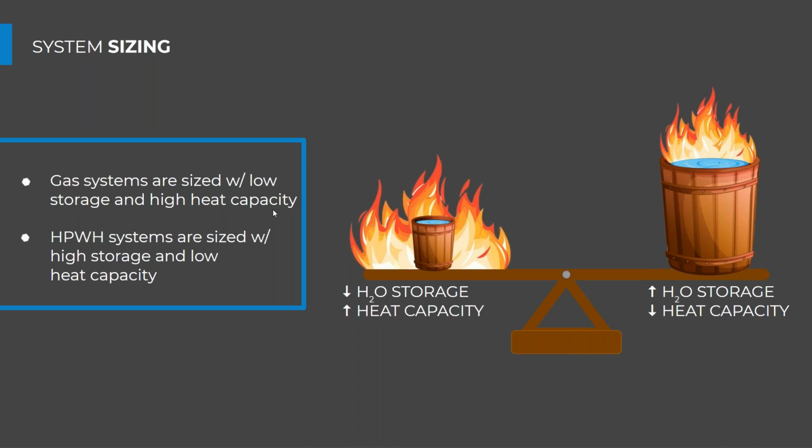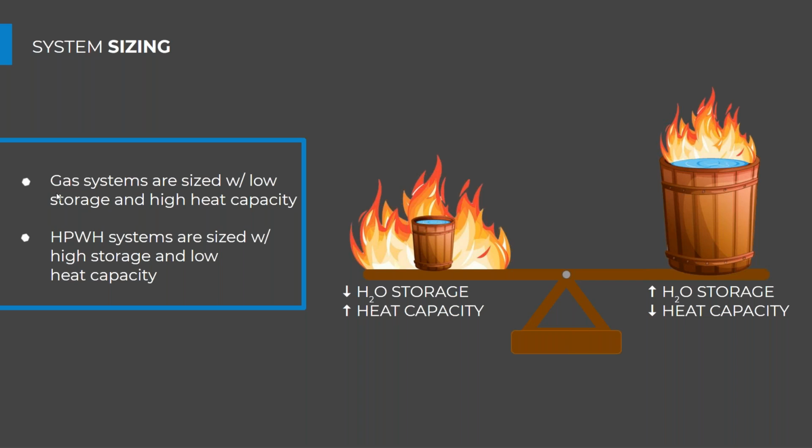It's just a flame burning, pretty simple. With heat pump water heaters, we're moving heat, and we have to size those compressors, evaporators, or condensers to move that heat. And so heat pump heat capacity is typically more expensive than our storage capacity.